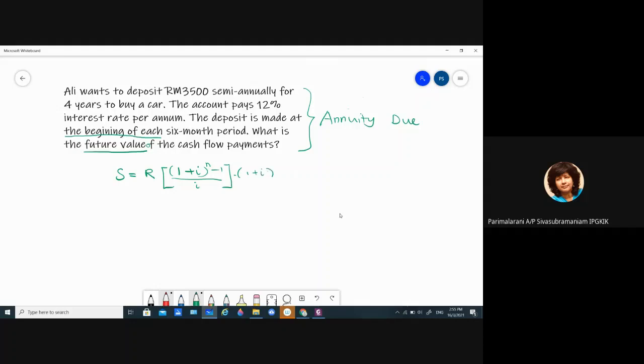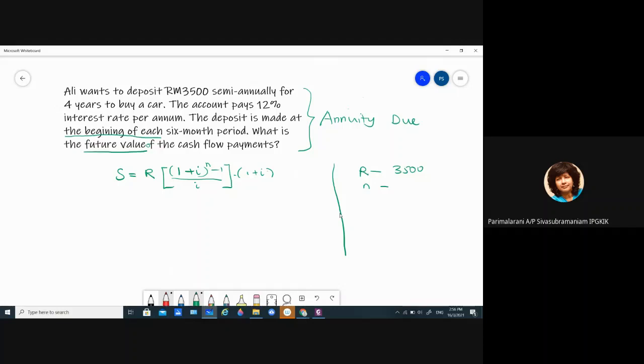Okay, let's determine first what we have. Okay, what's already given. So do we know our R? R is 3,500. Okay, correct, 3,500. And what is our n here? Anyone? n is?